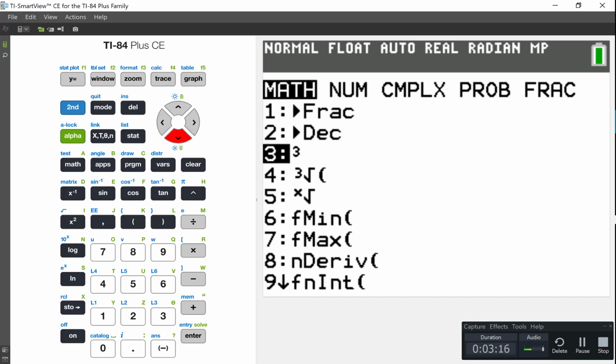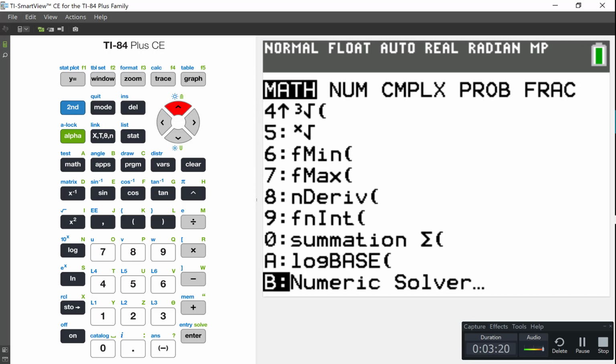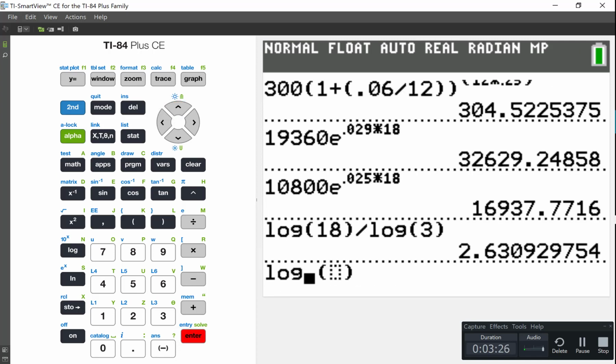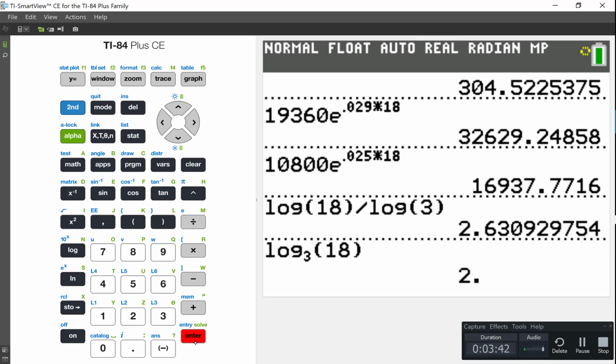If you press math and you see that log base, option A here, if you go ahead and click that, you can now just type it in. If you don't have that type of calculator, you'll have to do the change of base formula. Either one is easy. And you'll see here that you can just type that in, and you're going to get the same answer as what we got.